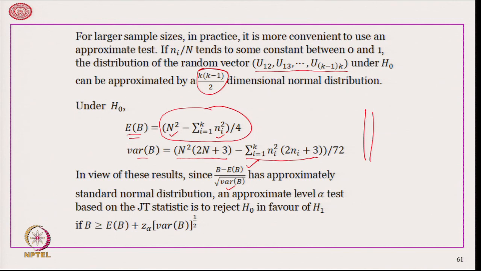And once we use a normal test, we shall check if B is greater than or equal to the expected value of B plus z alpha, which comes from the normal distribution, multiplied by the standard deviation, that is variance of B to the power half, the square root of the variance. So, that is how we actually conduct the test to check if we can accept or reject the null hypothesis.